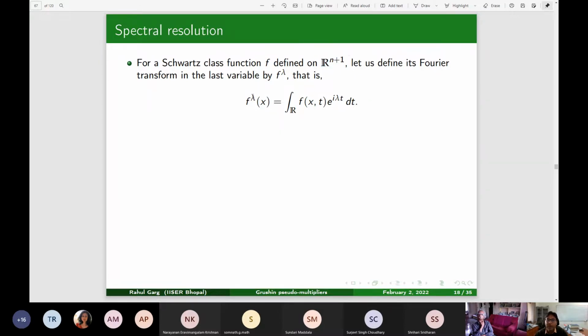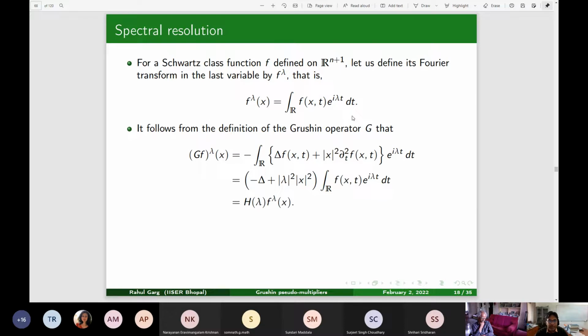I can take the Fourier transform in the last variable, the t variable. That's the notation f lambda of x. And instead of taking f, if I take Gf, Grushin of f, and its Fourier transform, one can notice this part remains as it is, but in the t variable there are two derivatives. I will apply integration by parts twice.